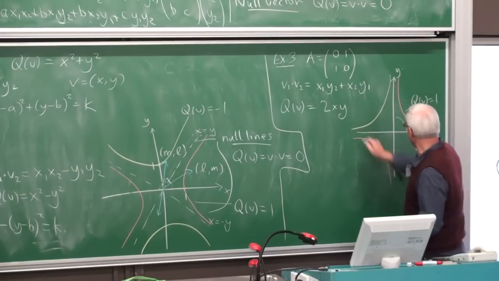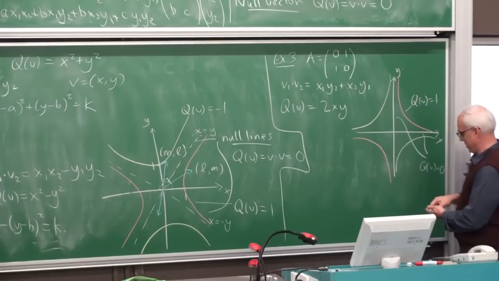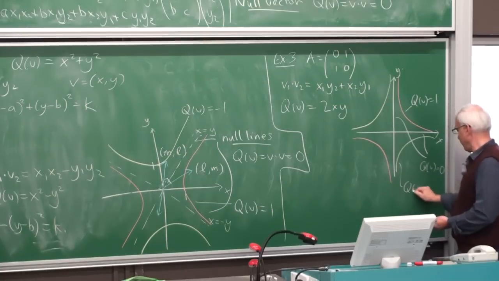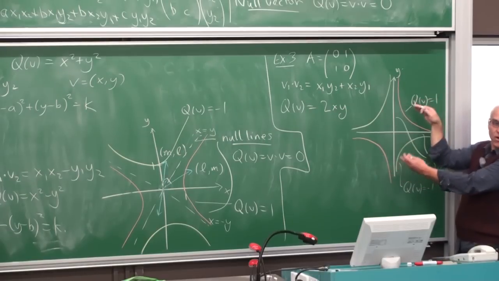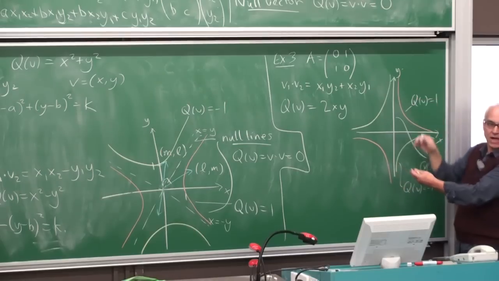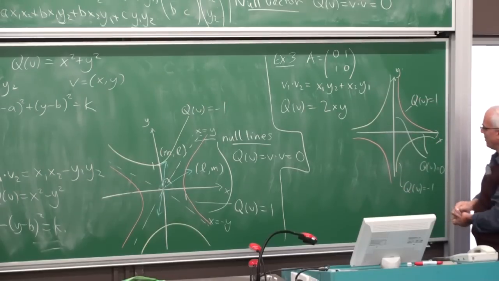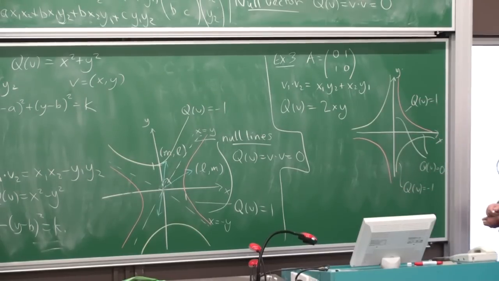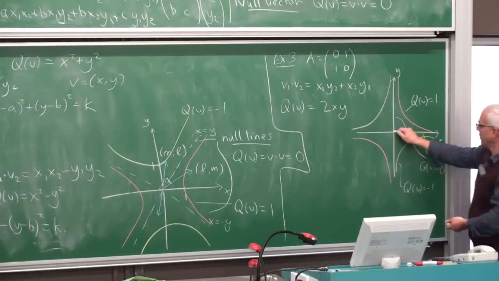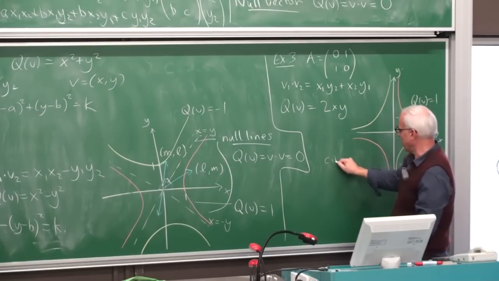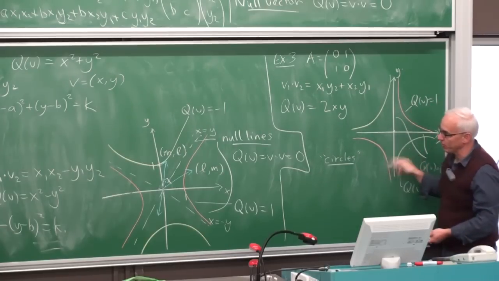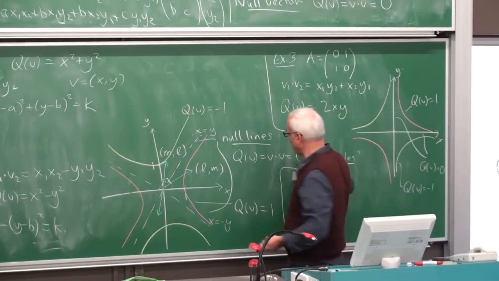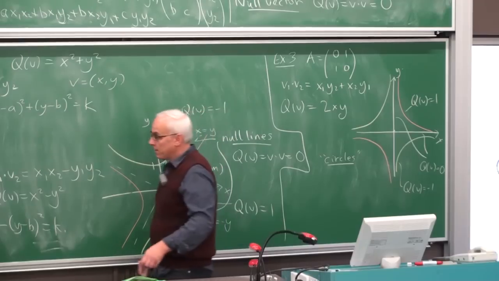While if we set it equal to minus 1, it would be like this. So quadrants of V equals minus 1. And of course, if we scale up, we would get quadrants of V equals other numbers. It doesn't have to be 1. We can scale up and down. So that's what the circles in this geometry look like. They're both rectangular hyperbolas, both in this situation and this situation.